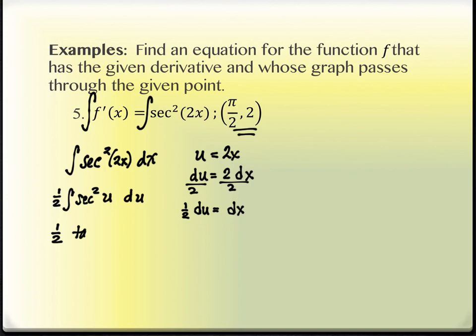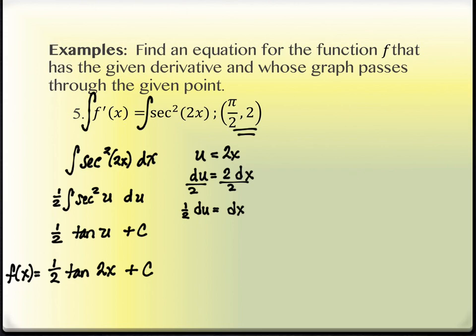It's just tangent. The derivative of tangent is secant squared. So the antiderivative of secant squared is tangent. And then I will replace the u back in as 2x. Now what I have found is f of x.